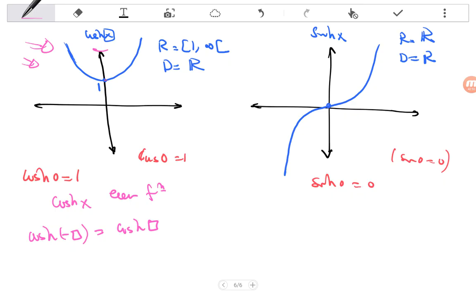So cosh x has a similar property to the trigonometric cosine, which is also an even function.